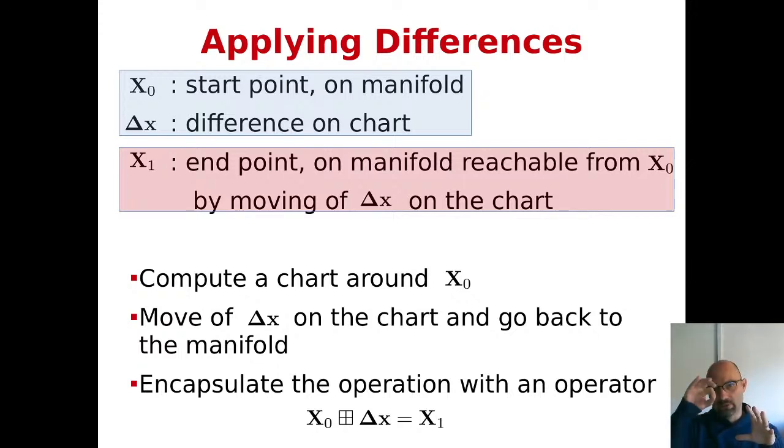You are on a point on the Earth, let's say in Oslo, and you buy a map in Oslo, which is flat, right? You would like to go to Rome, maybe, right?